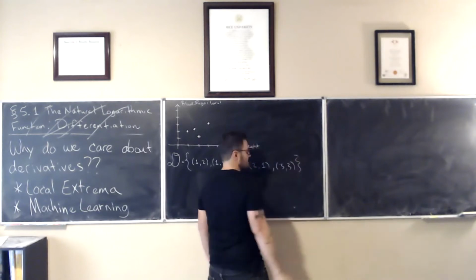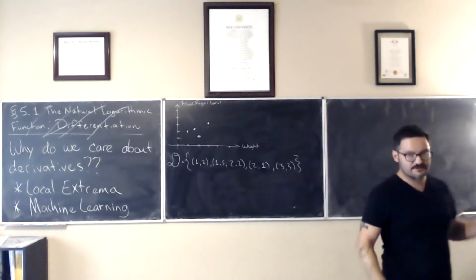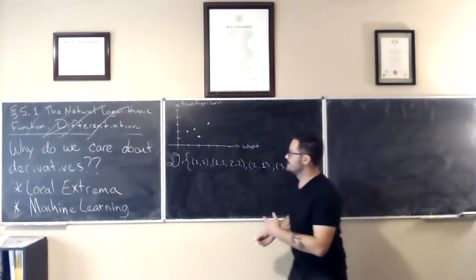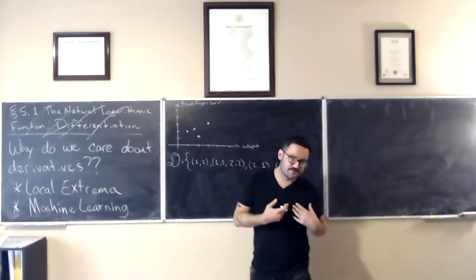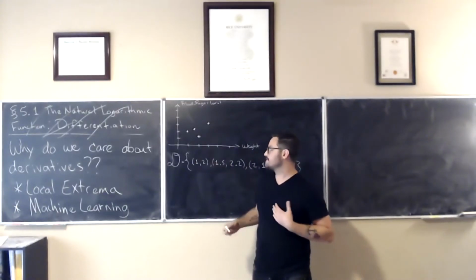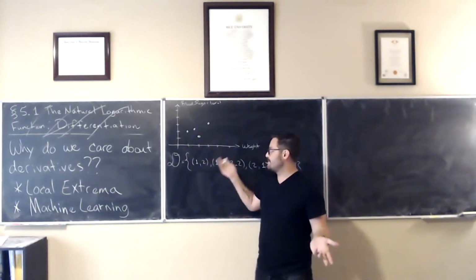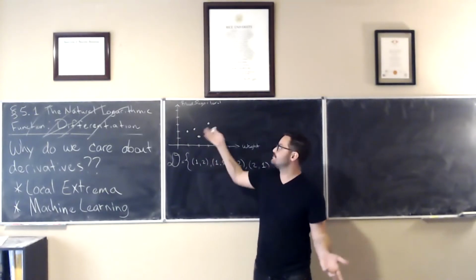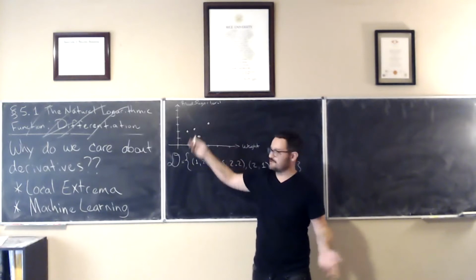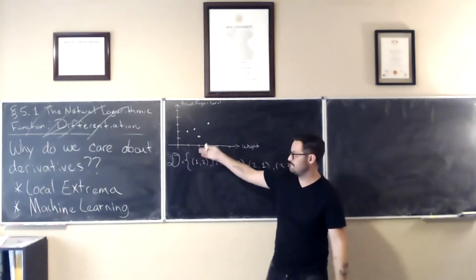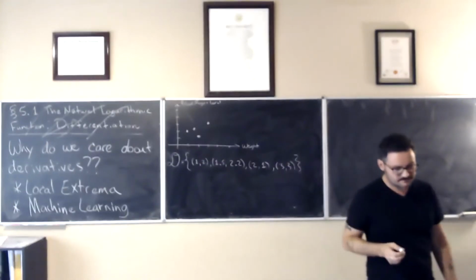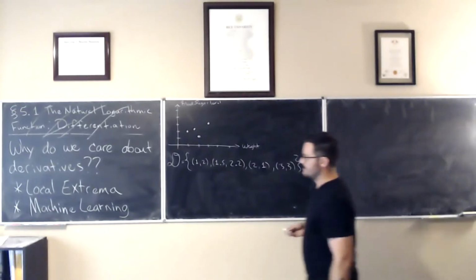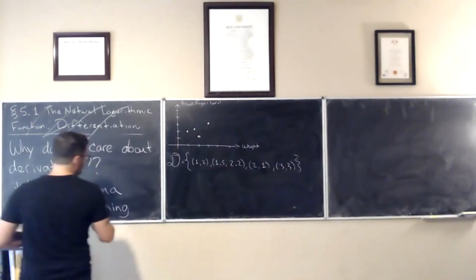And our goal is to use this data to make predictions on data that we haven't seen. Like, for example, none of us participated in this study, so if given our weight, we'd want to be able to predict the blood sugar based off of these people that were in the study. And this is where calculus comes in.